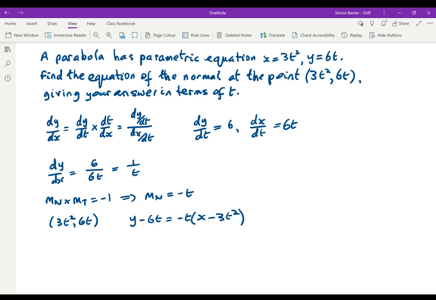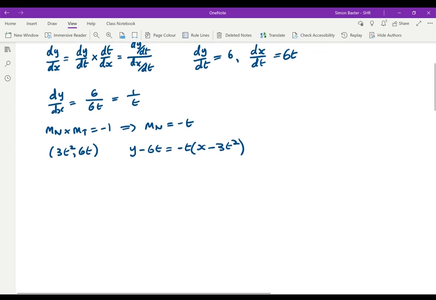Let's suppose that we take t equals minus 1. This would give us the point 3t squared. I said t is minus 1, I've written 1. When t is minus 1, 3t squared is 3, and 6t is minus 6.